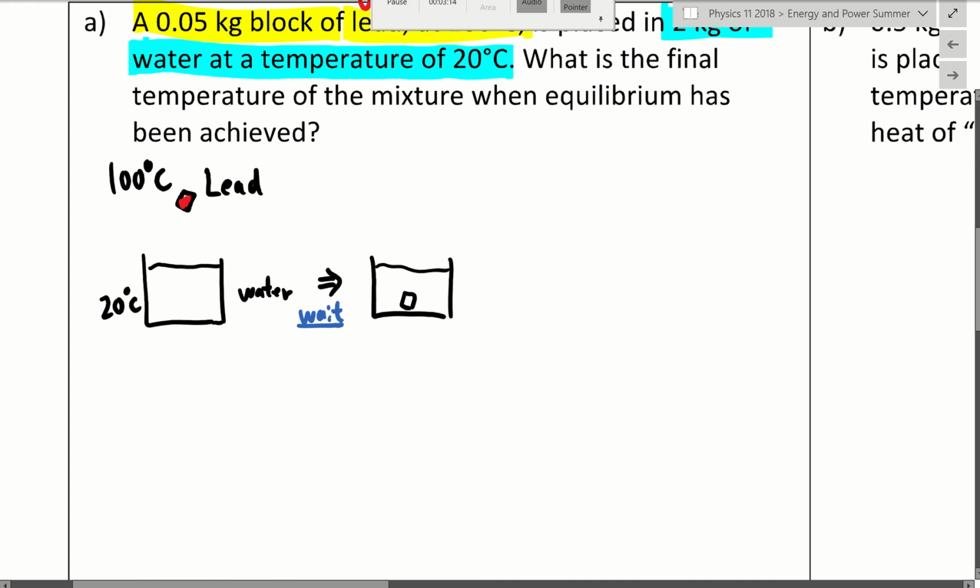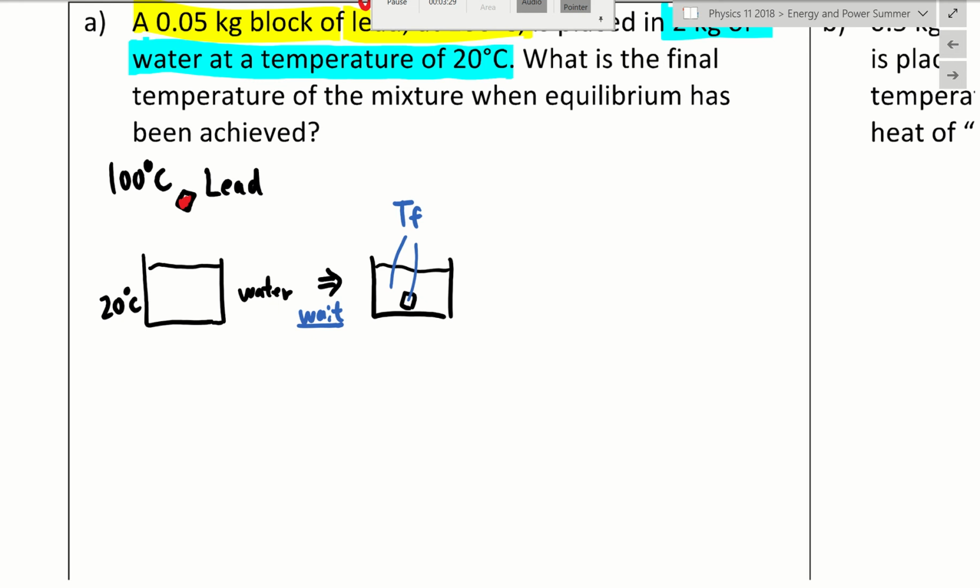Then eventually, you know by logic, and you have seen it in everyday life, that the water and the lead are at the same temperature, right? They have a different starting temperature. The lead starts at 100, the water starts at 20 degrees Celsius. But they should have the final temperature exactly the same. When you put anything hot in contact with something that's colder, eventually those two objects reach the same temperature.